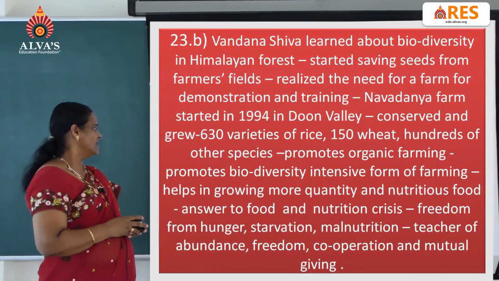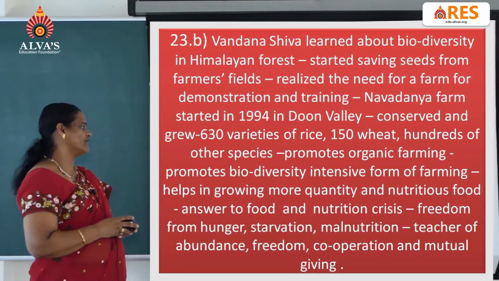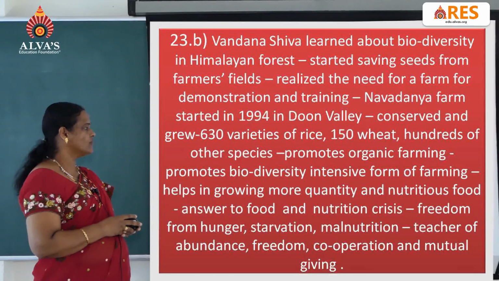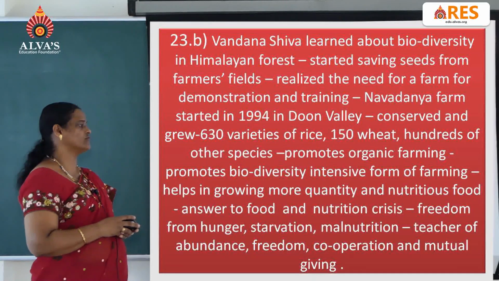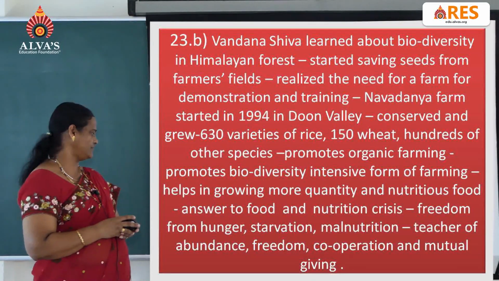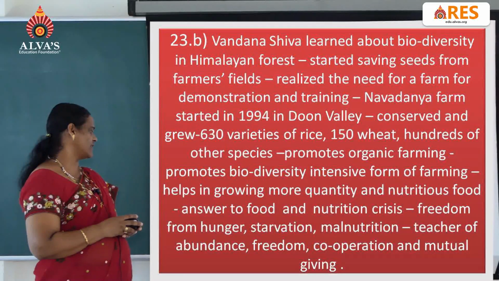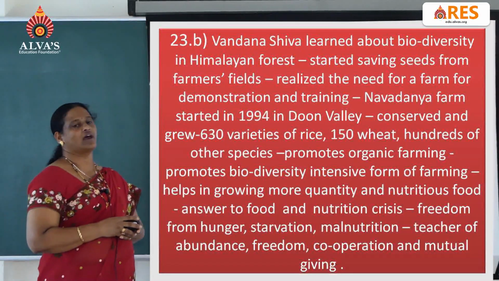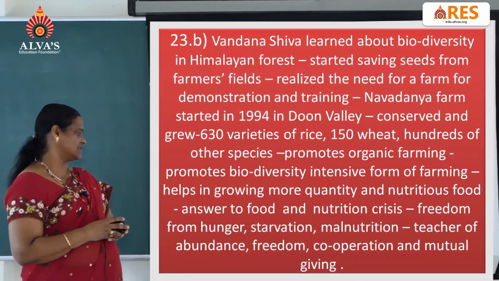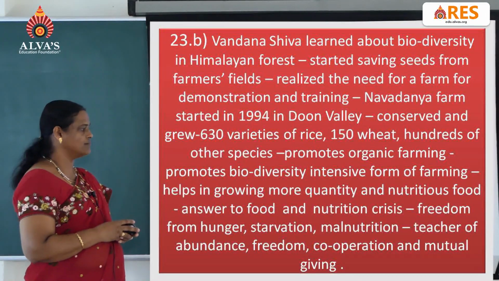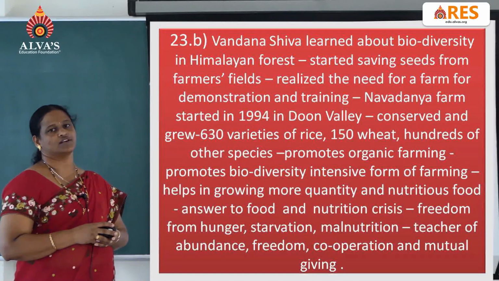And she says that biodiversity-intensive farming helps in growing more quantity and nutritious food, and it is the answer to the food and nutrition crisis. And also it gives freedom from hunger, starvation and malnutrition. She says biodiversity is the teacher of abundance, freedom, cooperation and mutual giving.